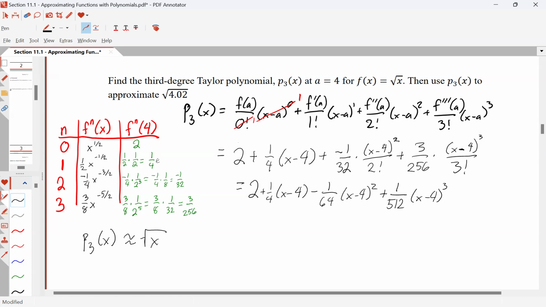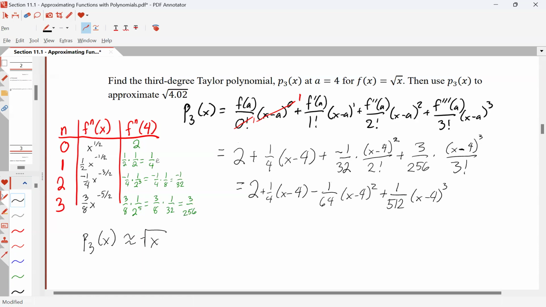It will vary from the square root of x. One, since this is a polynomial, I can plug negative numbers into it, but I can't plug negative numbers into the square root of x. So there's one way this is an approximation. The second is the farther I get away from 4, like if I was all the way out at 100, the polynomial and the square root of x could be very different from each other.